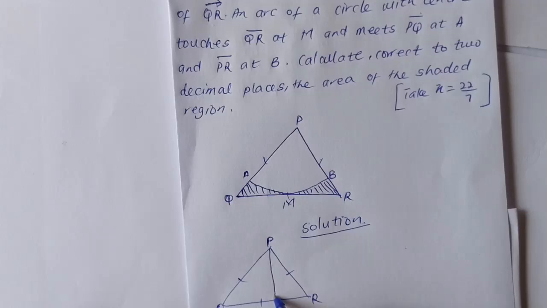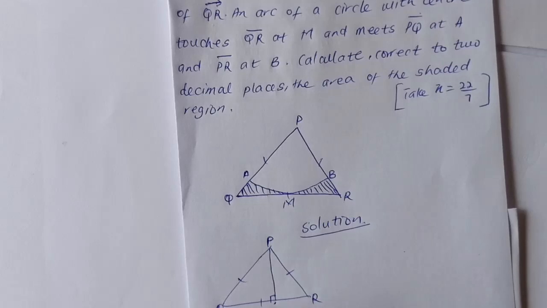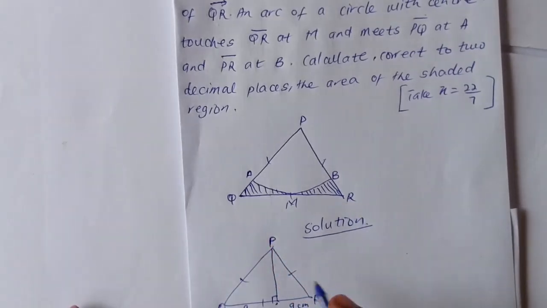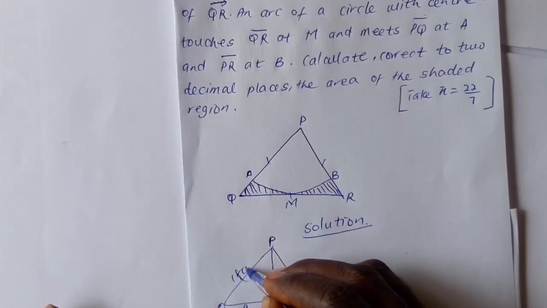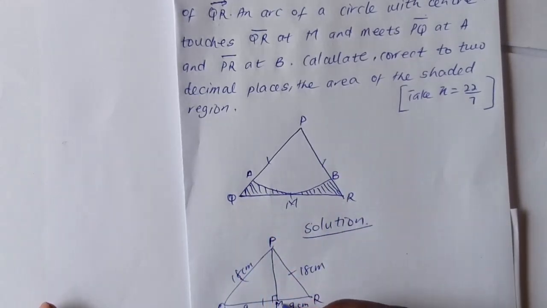That line bisects the triangle into 2, which means that from here to here will be 9, and from here to here also 9 centimeters. Now it's 9 centimeters and then 18 centimeters here. Then we can go ahead and find the length of P. Let's assume this is PM.